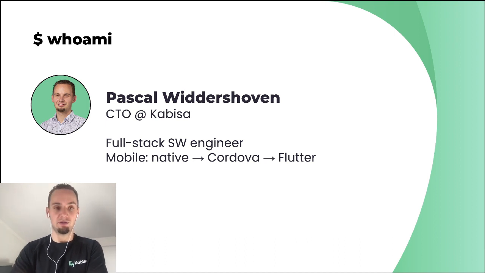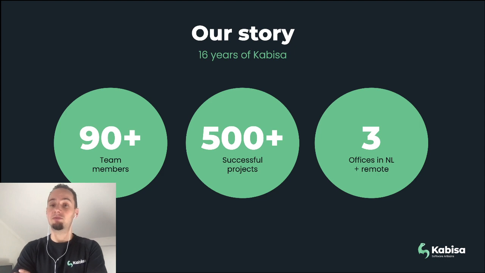Now, I'm also the Chief Technology Officer at Cabiza. And Cabiza is a software specialist. We specialize in high-quality custom software. And we do that with a team of about 90 software artisans. That's a mix of software engineers, cloud engineers, UX UI specialists, product owners, and scrum masters. Basically all the skills that you need to take an idea all the way to building and running it in production.